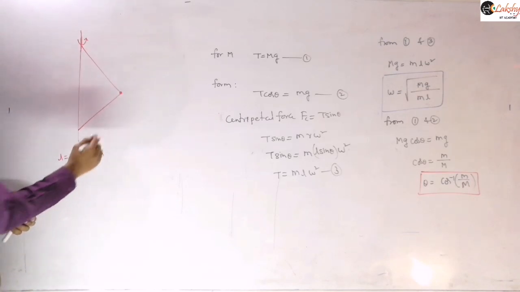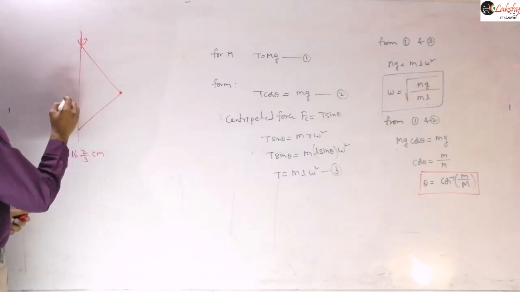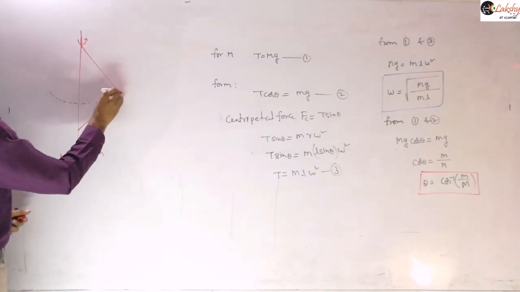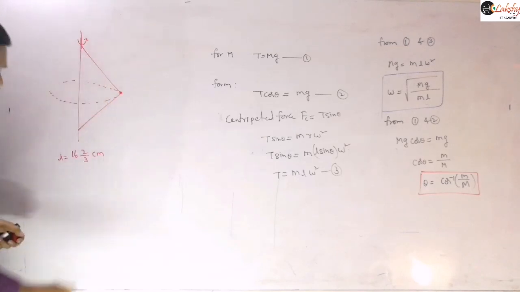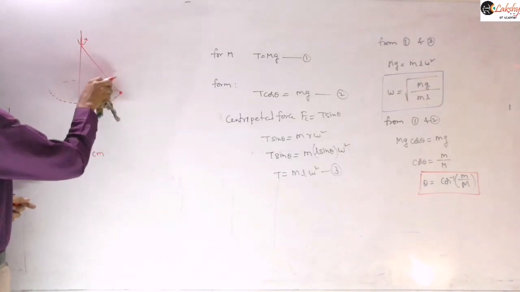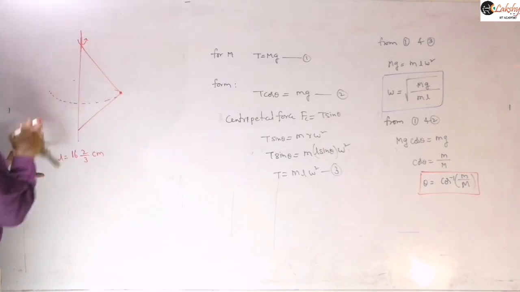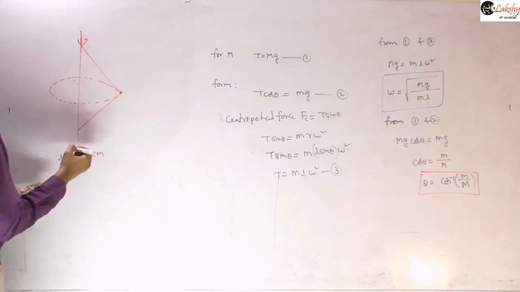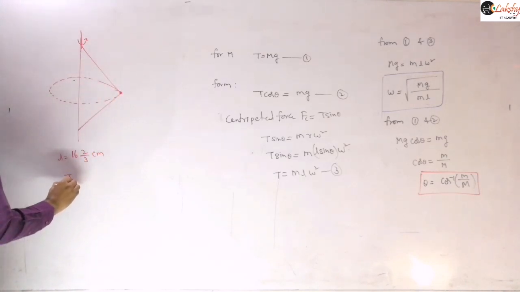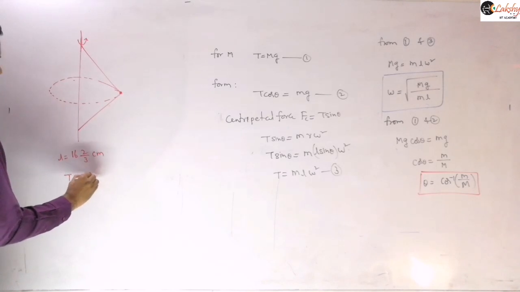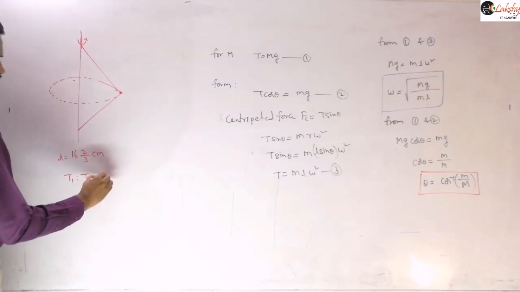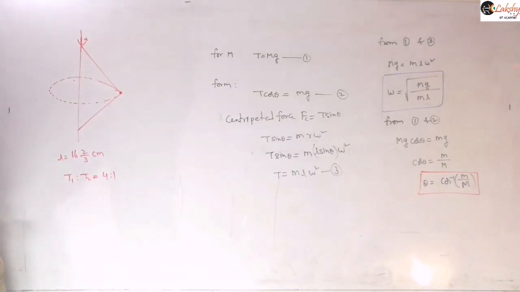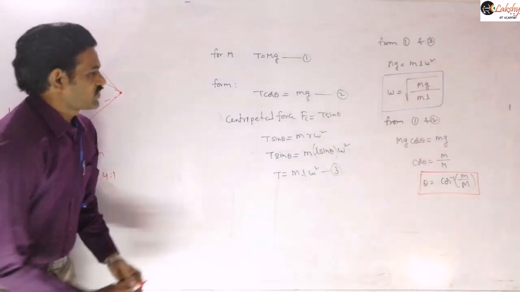The small block is made to revolve in a horizontal circle such that the ratio of tensions in the strings, T1 is to T2, is 4:1.